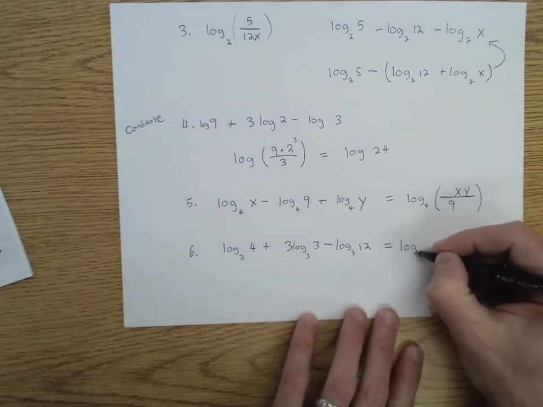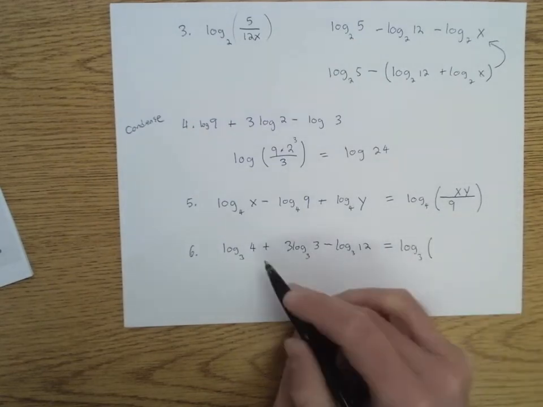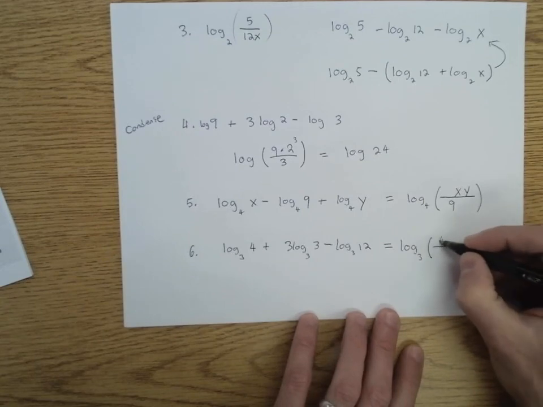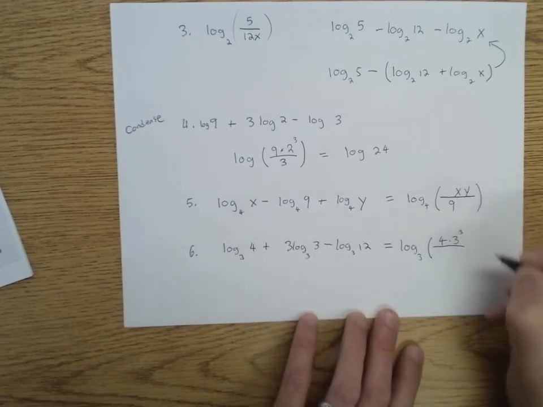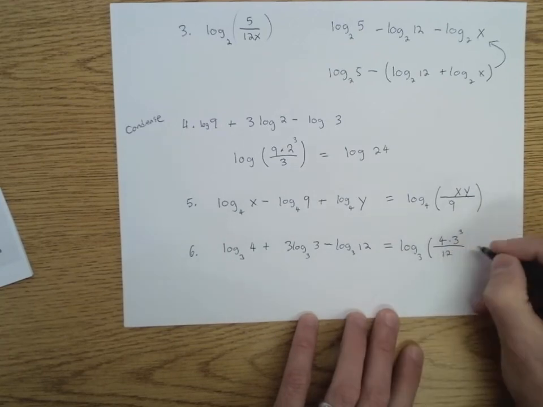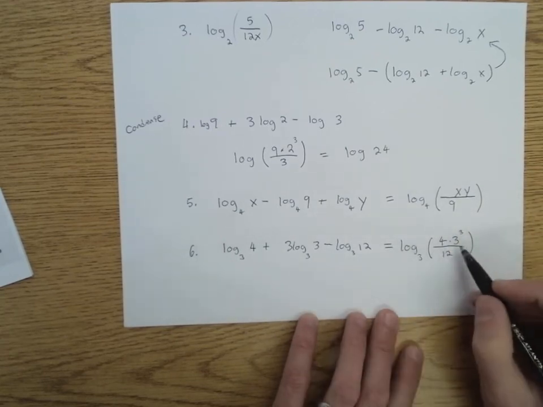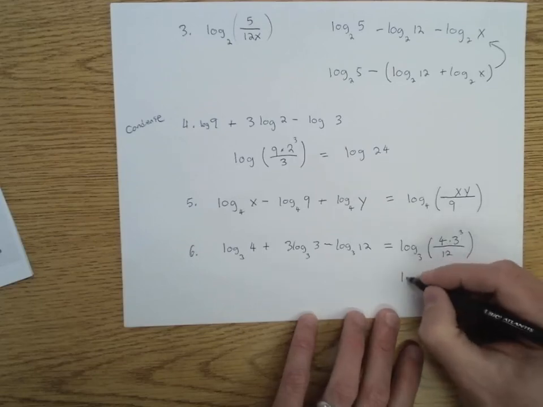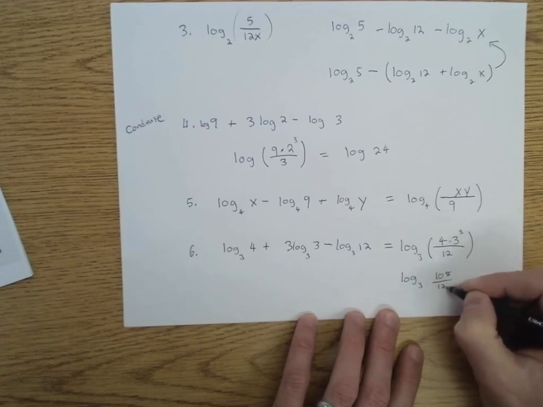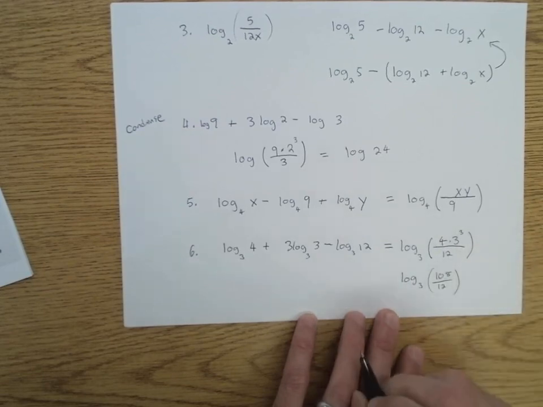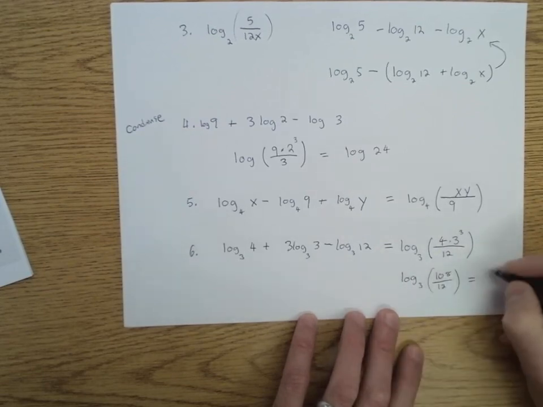So it's going to become log base 3 of 4, and then this is positive, so times 3 to the power of 3, and then 12 in the denominator. So 3 cubed is 27. 27 times 4 is 108. And then 108 divided by 12 is, I think that's 11. So log base 3 of 11.